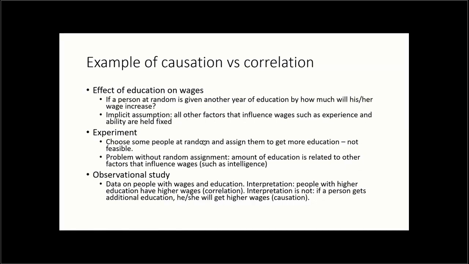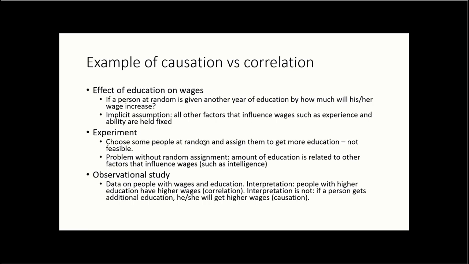So here is again an example of correlation and how we cannot interpret that as causation. What is the effect of education on wages? We can be interested in the following study: if a person at random is given another year of education, by how much will his or her wage increase?